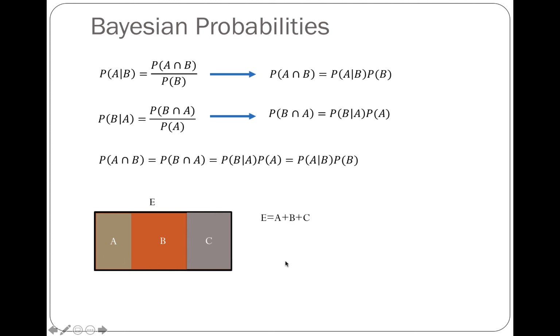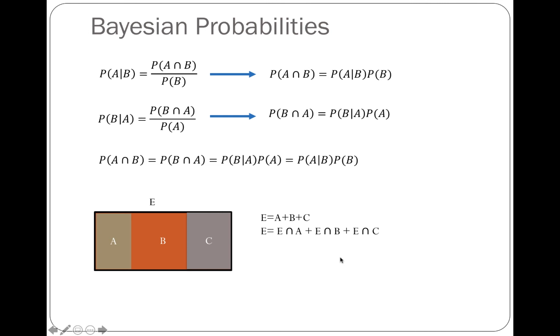So I can write E equals A plus B plus C. And I can also write E as E intersection A plus E intersection B plus E intersection C. Why? Because E intersection A equals A, E intersection B equals B, and E intersection C equals C. So the second equation is definitely E equals A plus B plus C.